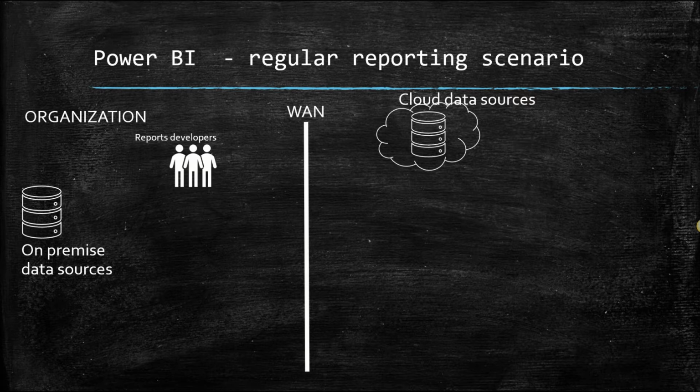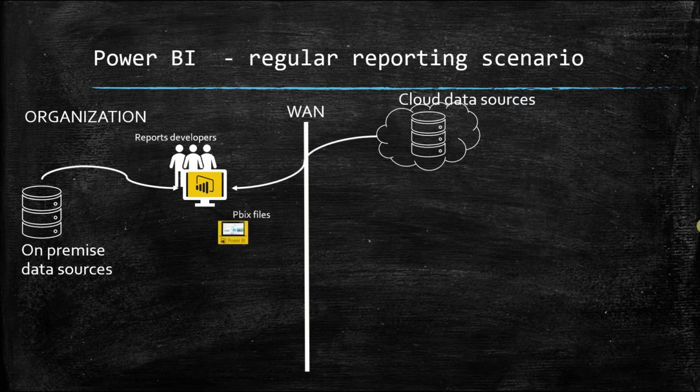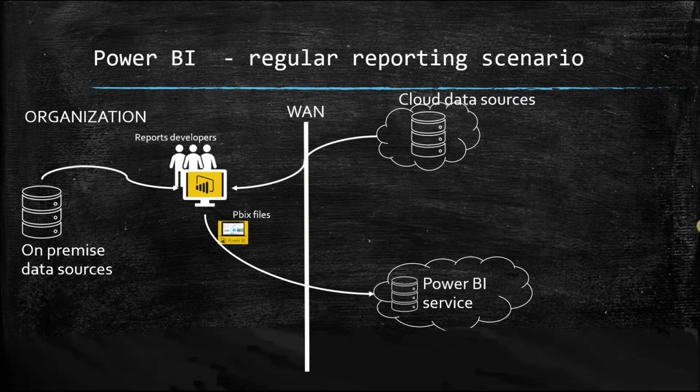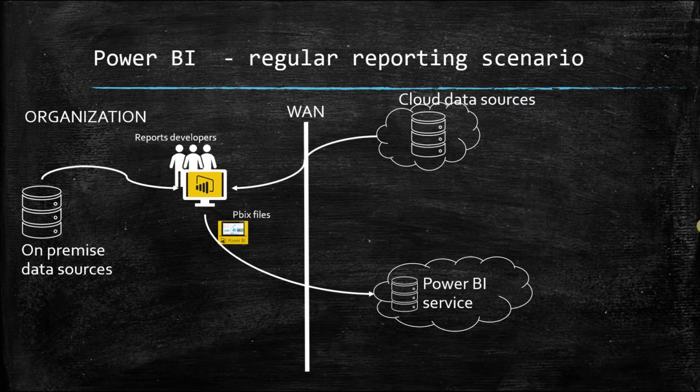In our organization, we also have report developers that are using the Power BI Desktop application to connect to on-premise data sources and cloud data sources and produce something we call PBIX files. A PBIX file keeps the data model, visuals, and the data itself. These PBIX files are then pushed into Power BI service, and reports are then ready to be consumed.